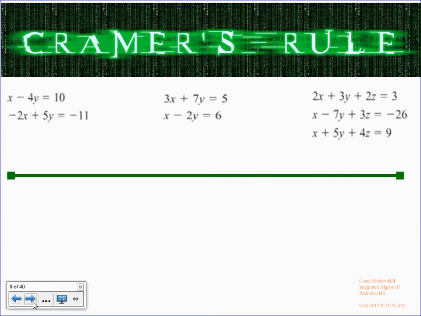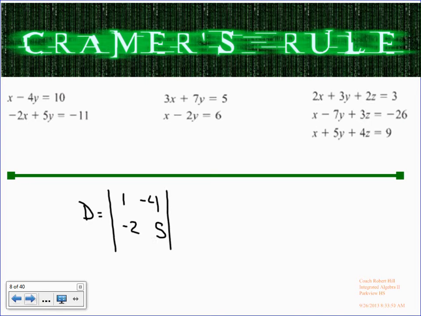All right, the first thing that I asked you to do on that page that you had Tuesday was to solve these problems using Cramer's rule. When you do Cramer's rule, there's three matrices you have to set up. The first matrix you have to set up is a denominator matrix, and you get that from your coefficients. So what would that be? 1, -4, -2, 5.